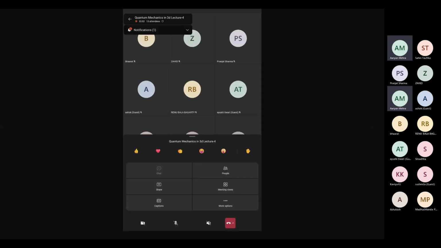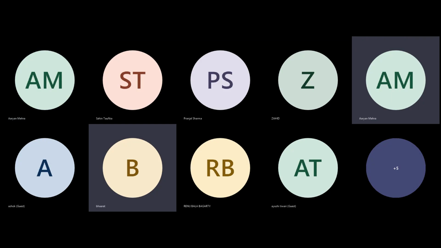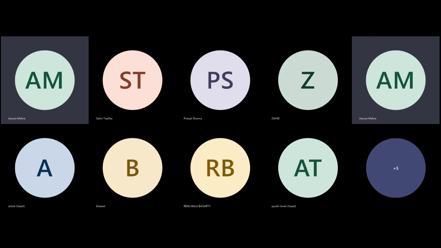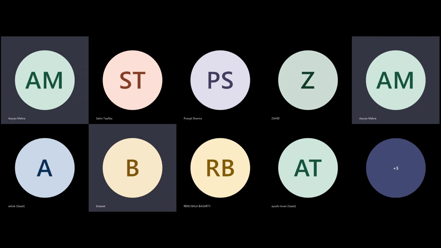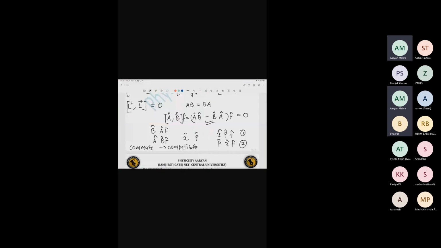Okay. So any question till here? Sir, if we measure something using some operator, then it will have some eigenstate. Similarly, for momentum we will get some eigenstate.